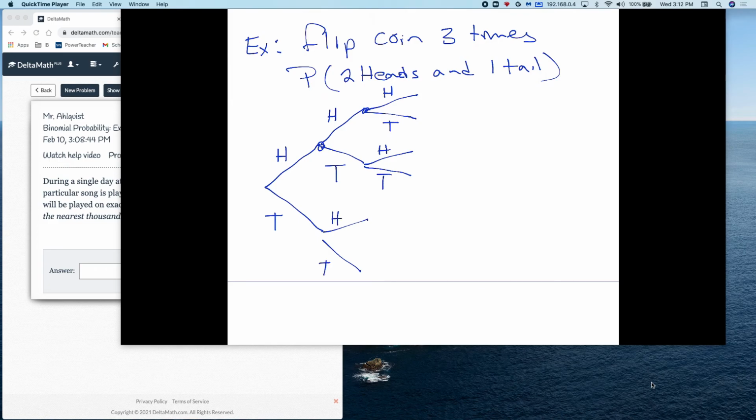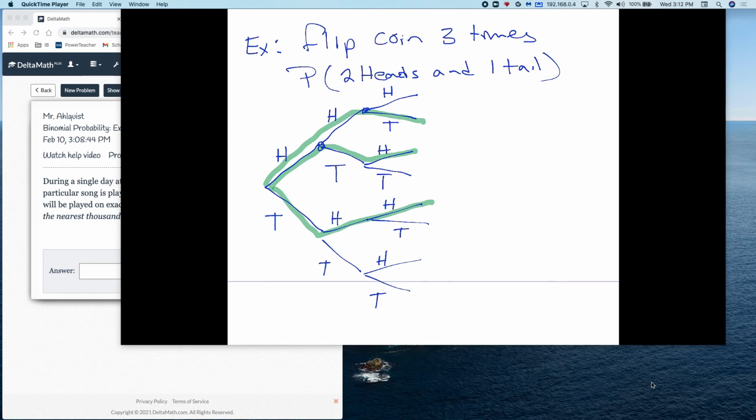And you can see right away that with this, you can think about which ones get 2 heads and a tail. This branch would do it. This branch would do it. And that branch would do it. So there's 3 branches.